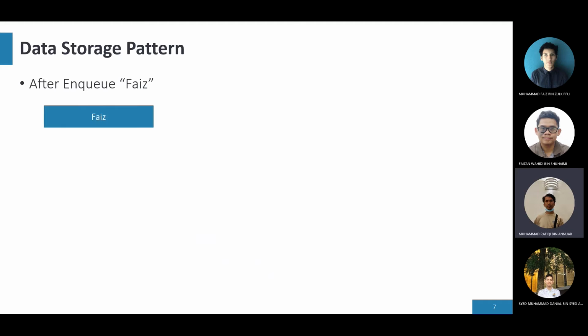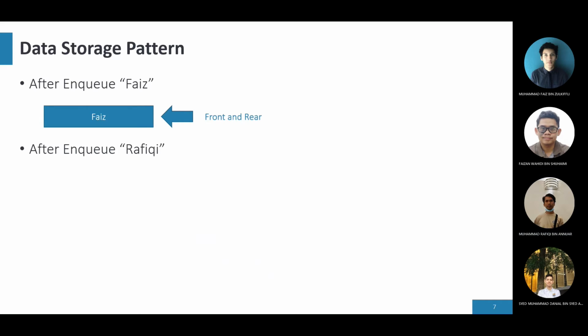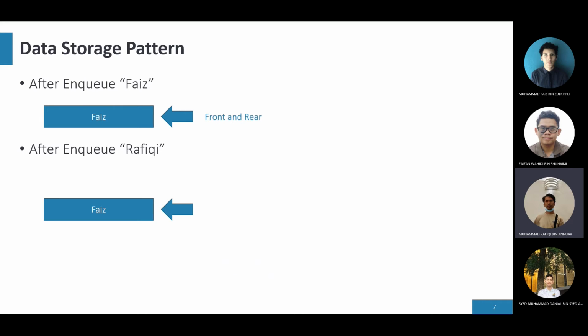After this, for example, to demonstrate how to use this queue operation, we key in Faiz.